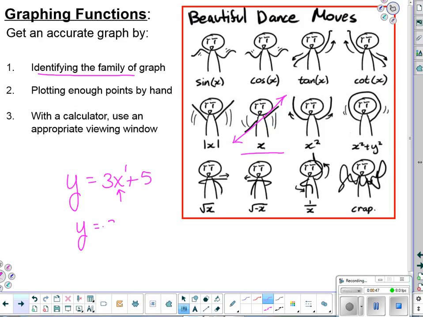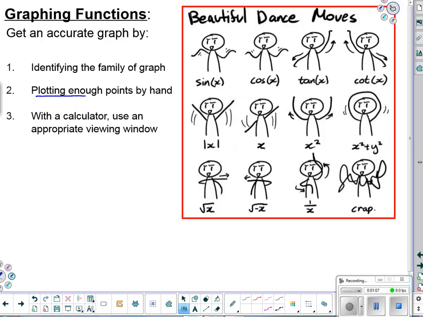If I ended up with y equals 3x squared plus 5, now I'm focusing in on the fact that it's an x squared, and I know x squareds are quadratic equations, so it's some sort of parabola. So just having some inkling of what the shape should be like will help us when we're graphing.